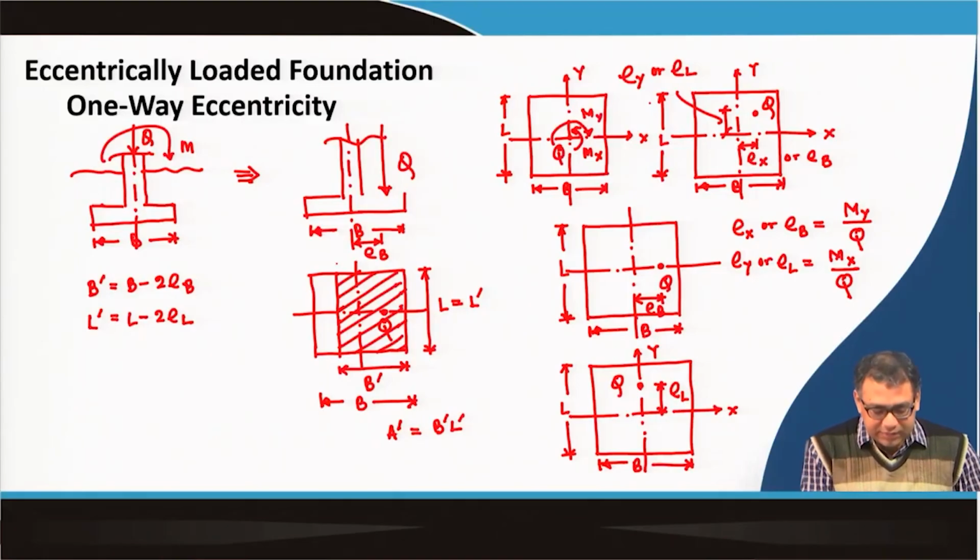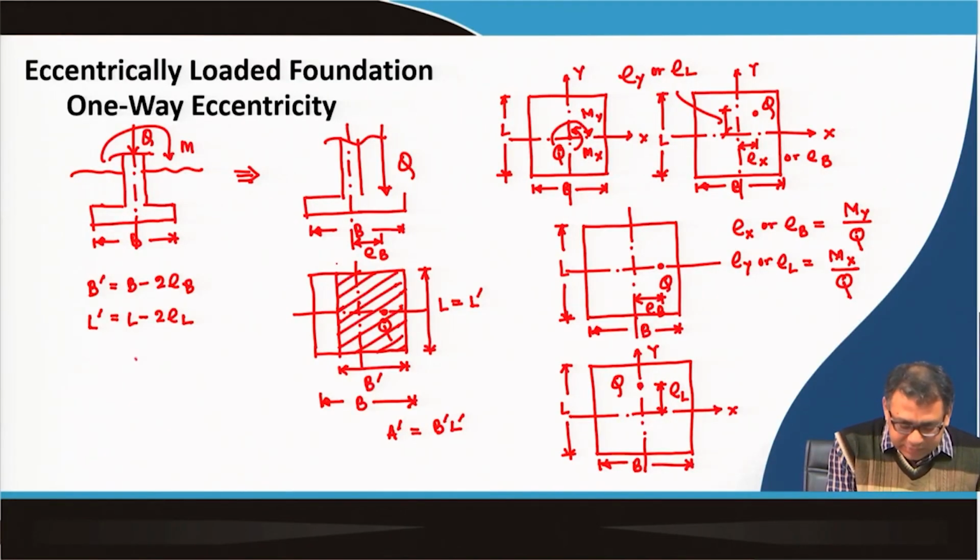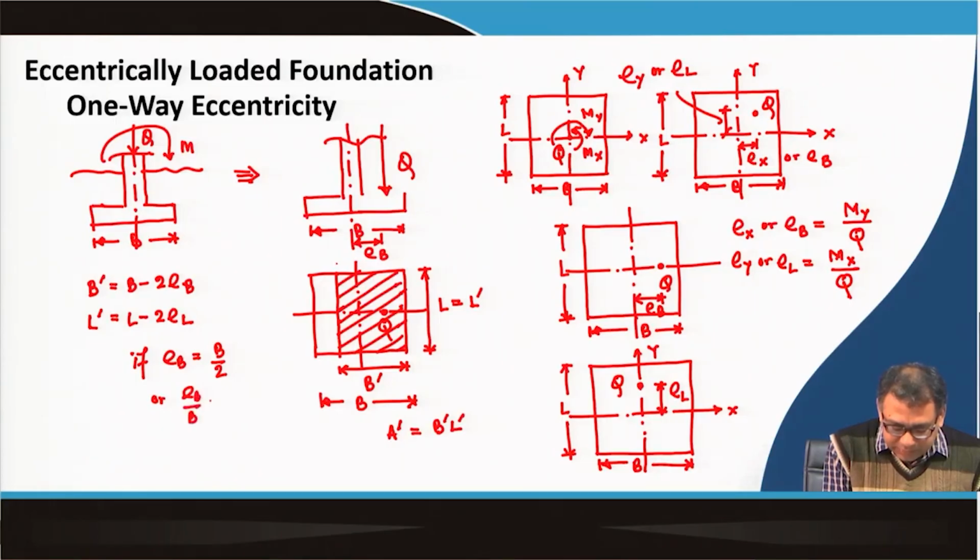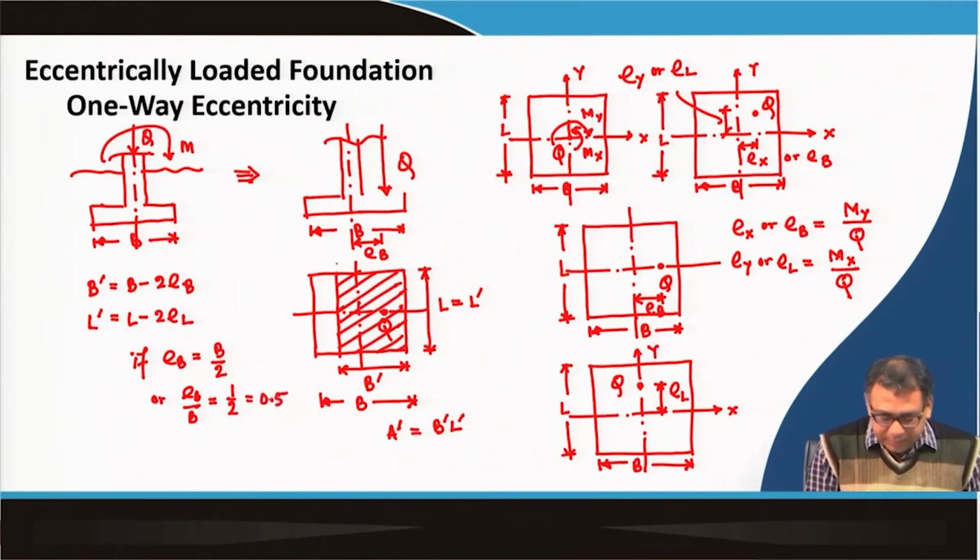Here you can see that if my E b is equal to half of b, that is E b is equal to b by 2, or E b by b is equal to 1 by 2, or 0.5, then the b dash value will be equal to 0.